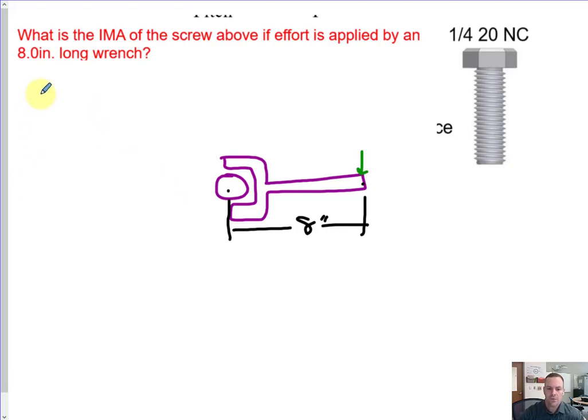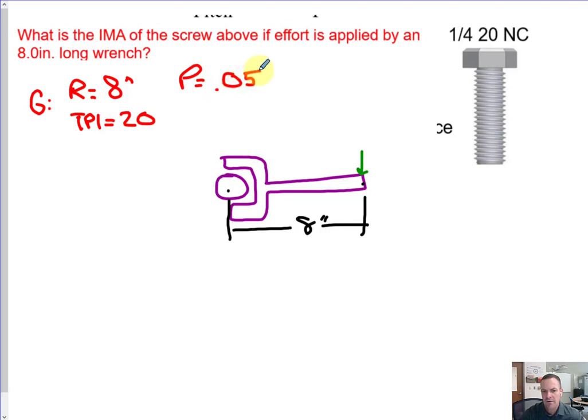Okay, so what are some of our givens? Well, our given here is we know that the radius is 8 inches, right? When we had that circle drawn, 8 inches was the radius of that circle. We also know the TPI is 20, and we know that the pitch is 1/20 or 0.05.